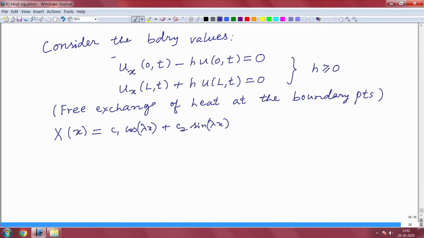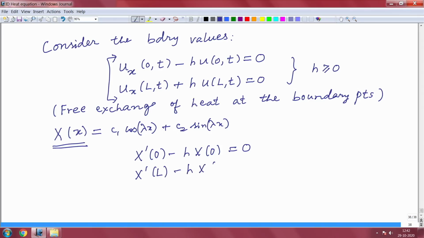So, these boundary conditions transform to boundary conditions for X at 0 and L. So, that means we have X'(0) minus h X(0) equal to 0 and X'(L) plus h X(L) equal to 0. Now, you write down these two conditions in terms of C1 and C2 that requires little algebra.